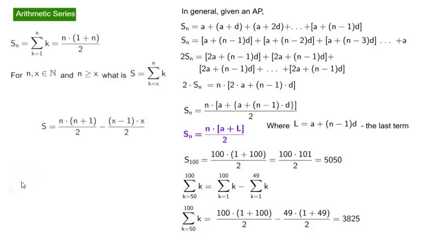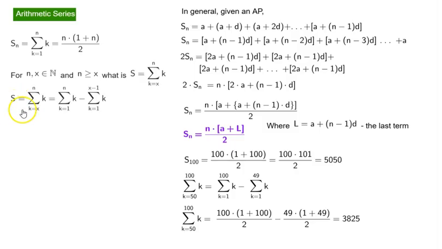So let's see. We basically use the same approach. We take s is equal to summation of k equal to x to n of k is equal to summation k is equal to 1 to n of k minus summation k equal to 1 to x minus 1 of k. So we again use this formula itself.